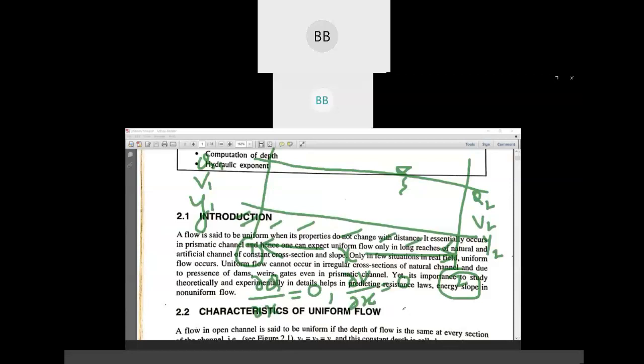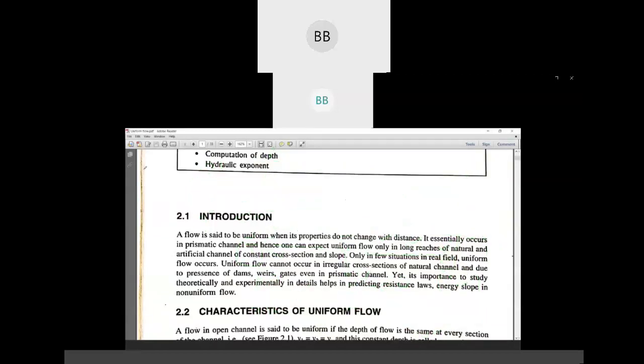And third is change in depth with respect to del x is equal to 0. These are the three expressions you can write in case of uniform flow: velocity, discharge, and depth of flow.